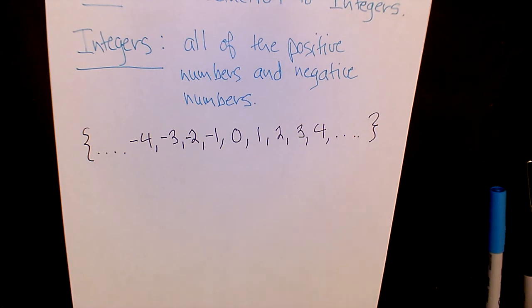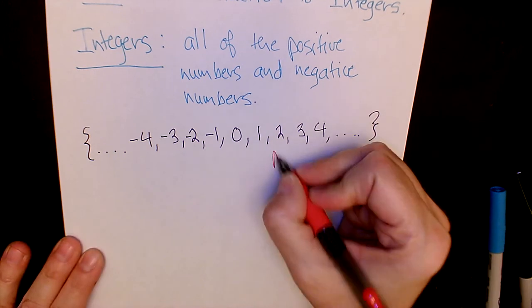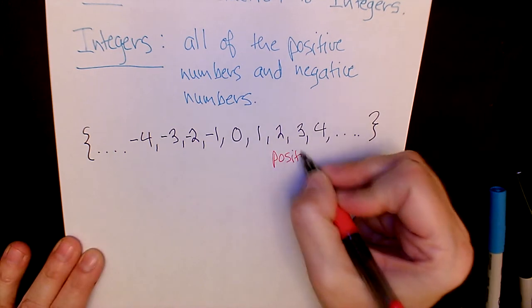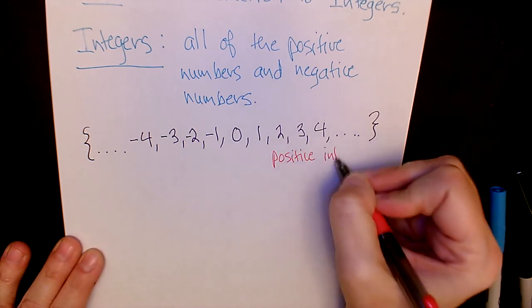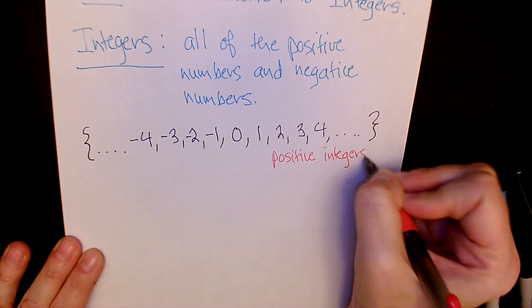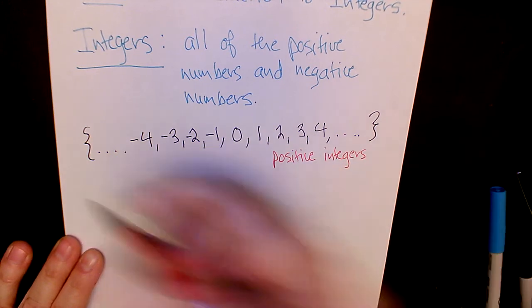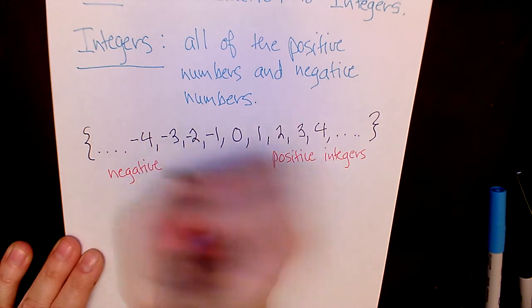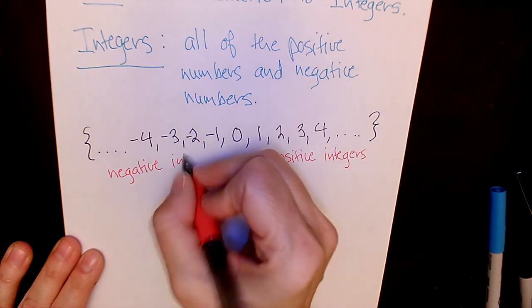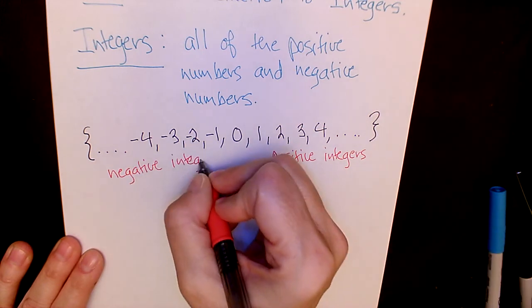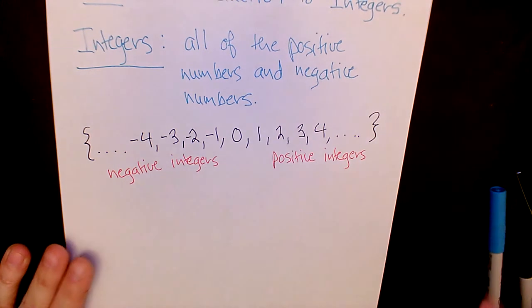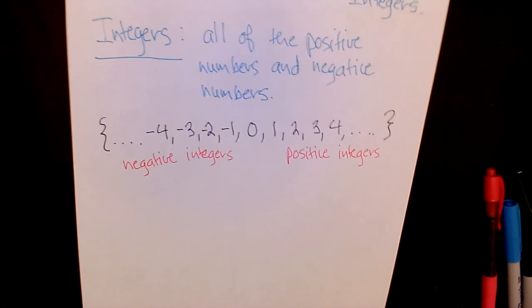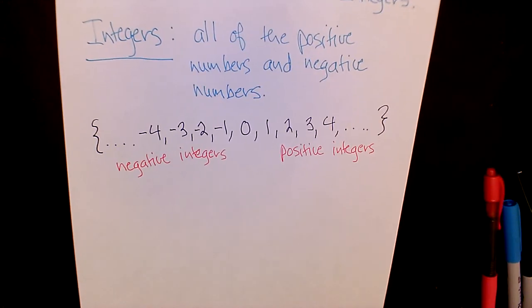So to the right, let me write that on here, I've got my positives. So here's my positive integers. And to the left, I've got my negative integers. And 0 is neither positive nor negative.